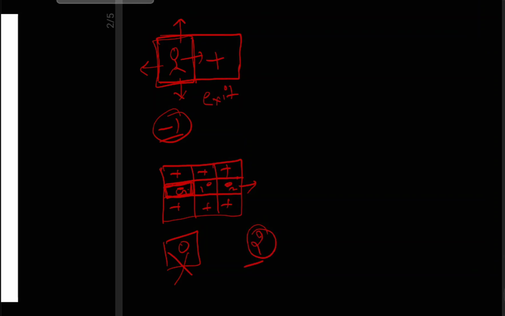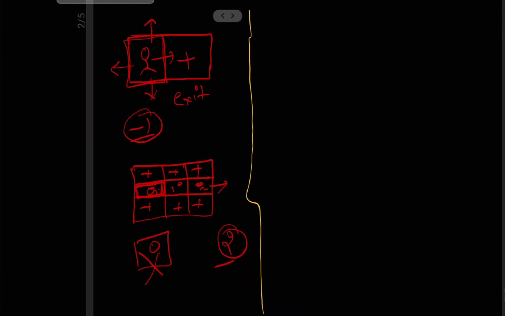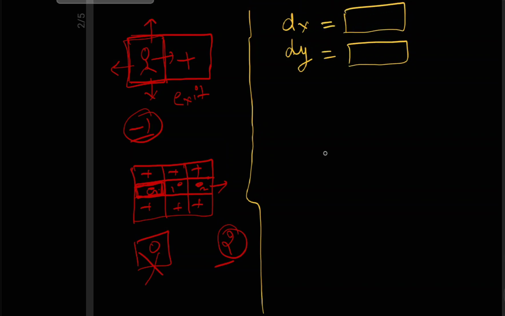So question understanding is done. Now we will move to the solution part. How will I apply BFS? I will take two arrays, dx and dy. For example, if I am standing at 0, 0, then what is my upward direction? -1, 0.